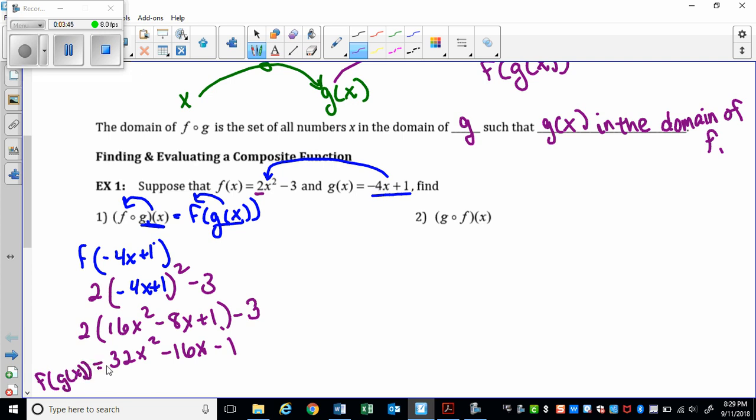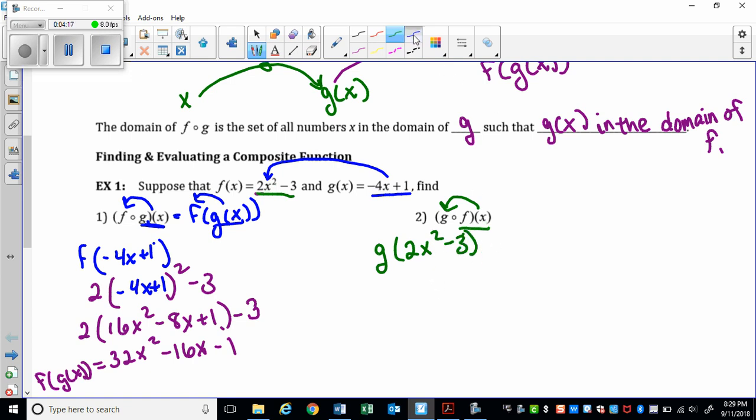Let's look to see if g of f of x is the same thing. Let's find out. So again, we're going to look at the innermost one, which in this case is f of x. And we're going to substitute that into our g of x. So we're going to do the opposite, okay? So we're looking at g, and we're going to substitute in this whole expression, which is 2x squared minus 3, for any of the x values.